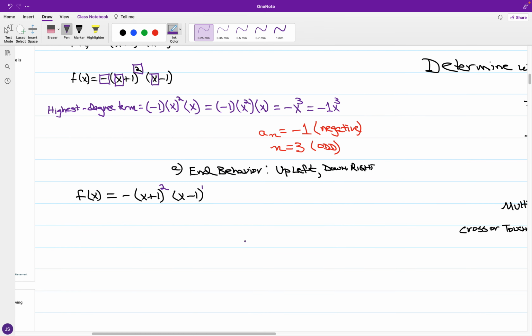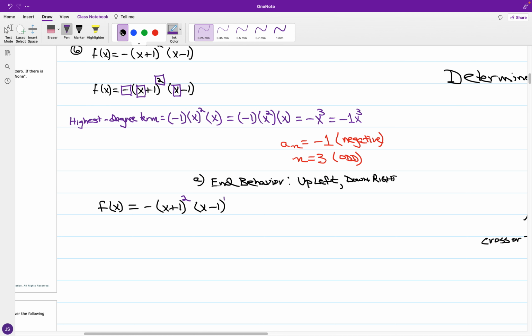Again, we have with the zeros, the first variable factor we have with x plus 1. If we have x plus 1 equal to 0, we have x equal to negative 1. And for x minus 1 equal to 0, we'll have x equal to 1.